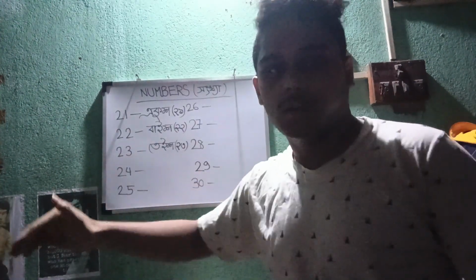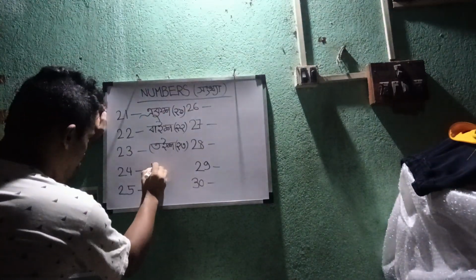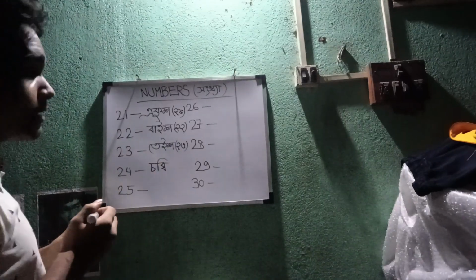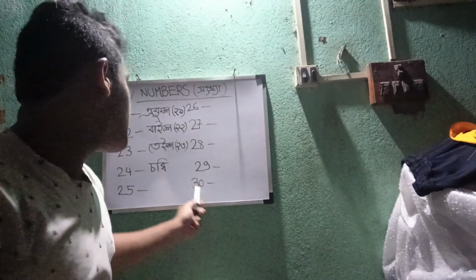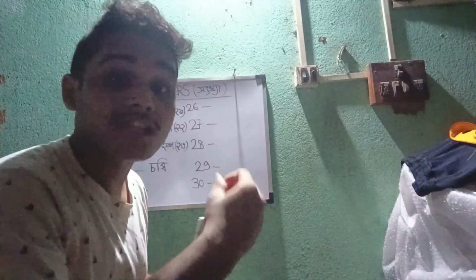23 means teish. 24 means chobbish. So first cho, then this double consonant bo, then hoshi i, chobbi, and then talbosho, chobbish.